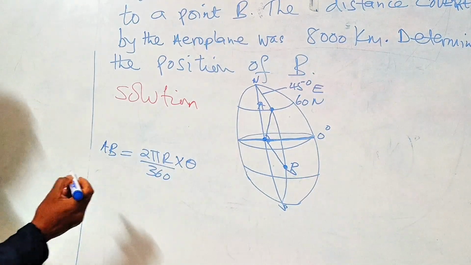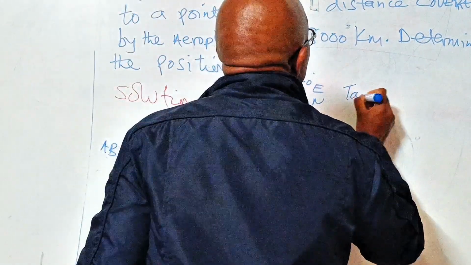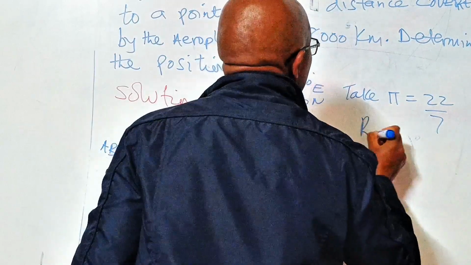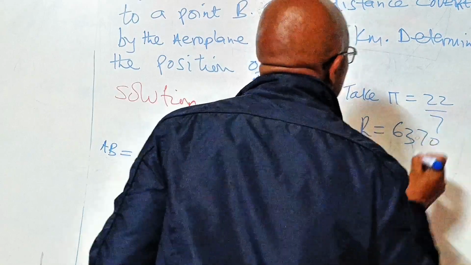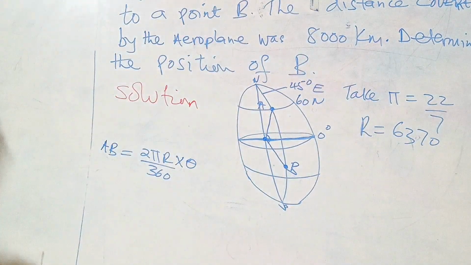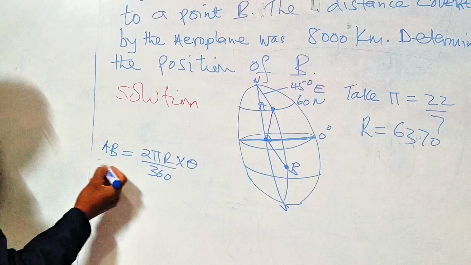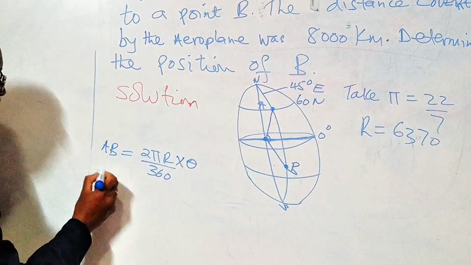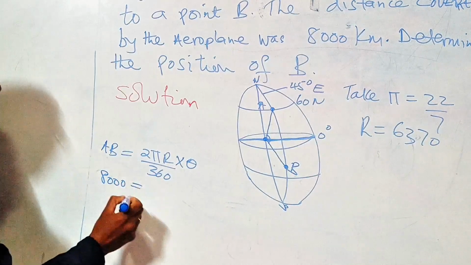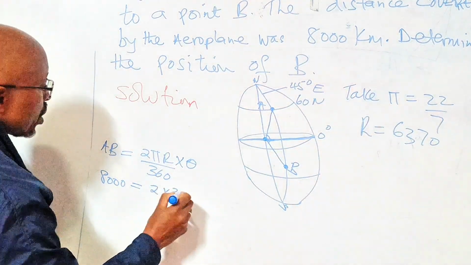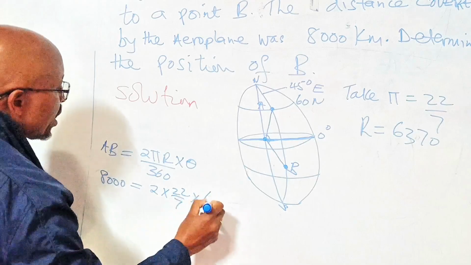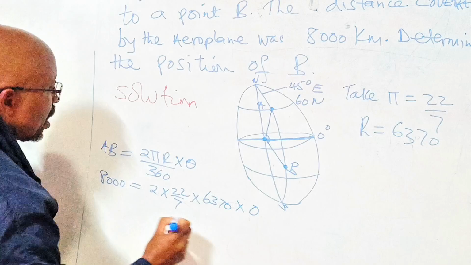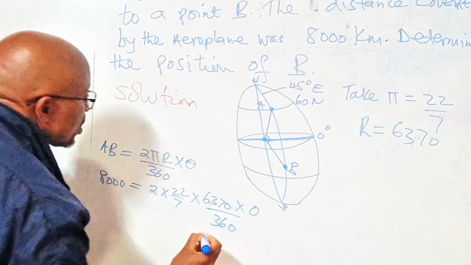We are asked to take pi as 22 over 7 and the radius of the earth as 6370. We are given the arc length AB as 8,000. So 8,000 is equal to 2 multiplied by 22 over 7 times our radius, which is 6370, times our theta. All these we are dividing by 360.